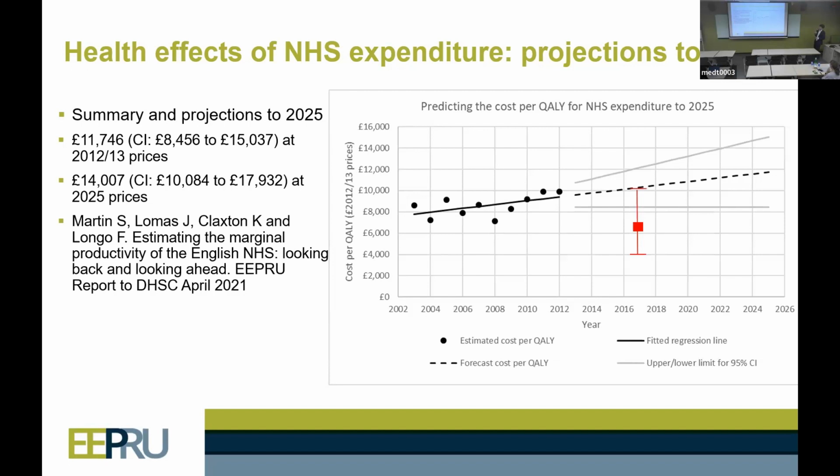Now, what have we found since we've started analysing more recent data subsequent to this projection? We have found that these projections seem to be a little on the high side compared to what we've been getting from more recent estimates. So here you can see the big red square that indicates our 2016 estimate of the cost per quality of NHS expenditure.